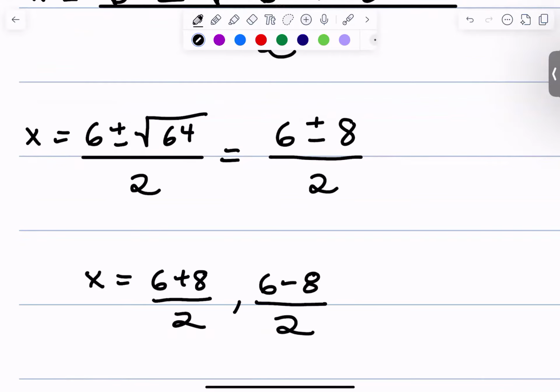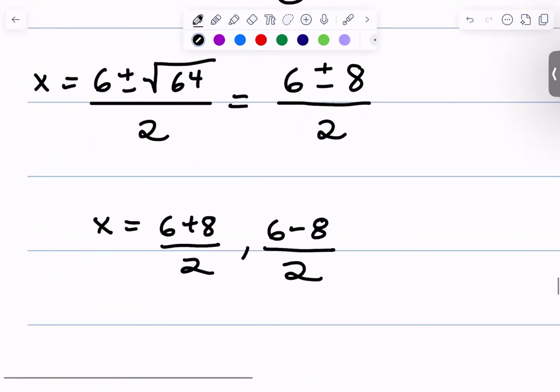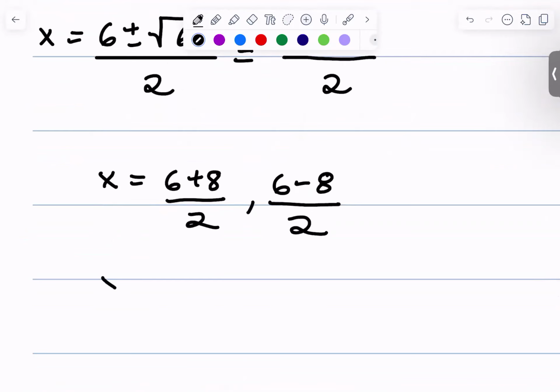That's what it means by plus or minus. Okay? So here in this case, x is going to equal 6 plus 8, which is 14, divided by 2 is 7. 6 minus 8, which is -2, divided by 2 is -1.